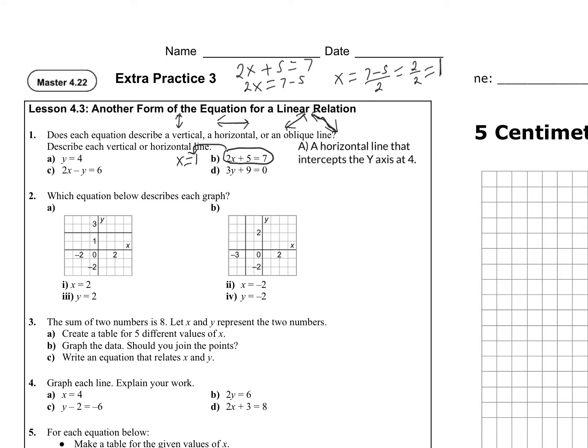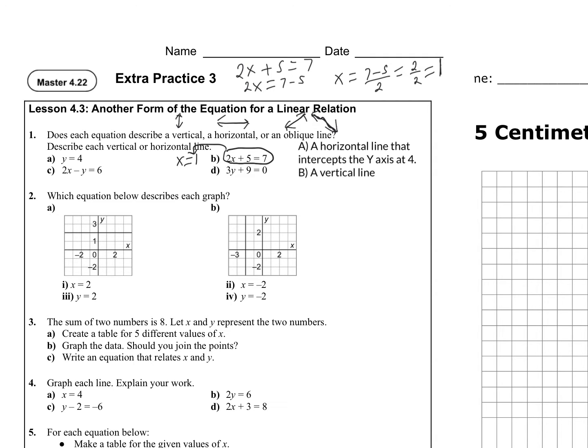So for B, since I have just an x coordinate, that tells me that B is a vertical line.